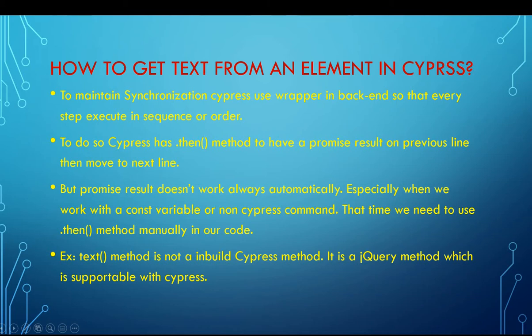In Cypress, we know it's asynchronous in nature. This is a Cypress built-in nature. So since Cypress is asynchronous, it means it doesn't execute a script line by line as you write your code, but it is very necessary to maintain the synchronization, so that the way we write our code, it executes as per the order.